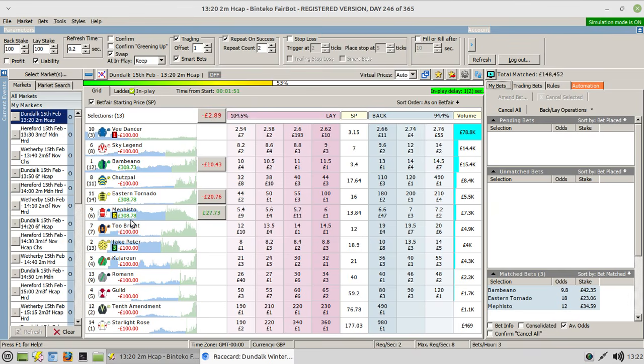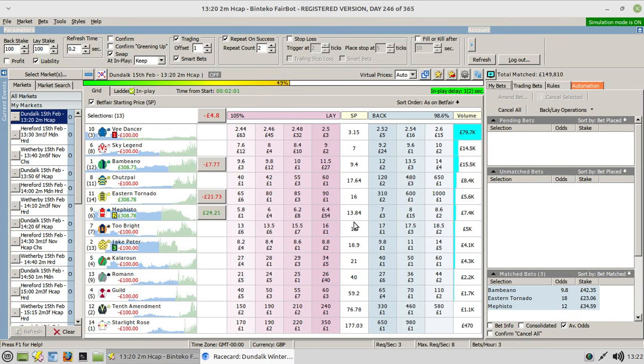So you can see Mephisto has actually come in a significant amount. Eastern Tornado isn't doing so great, and Bambino is much the same as he was when he first started. What other runners are doing quite well?